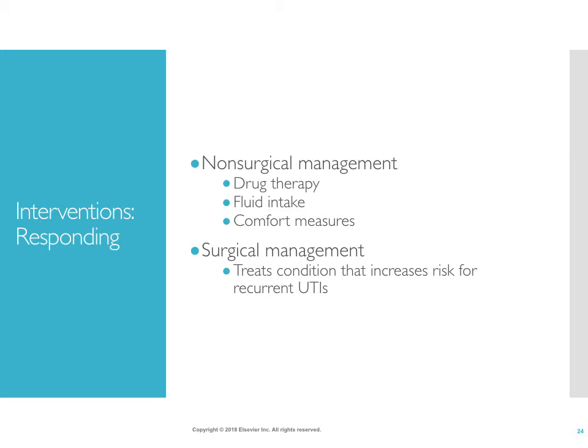Some of the comfort measures: we've talked about how there may be spasms of the bladder that cause people to feel like they have dysuria. The spasms may make them feel like they have to go right this second and they can't hold the urine. One of the ways that that can be relieved is through phenazopyridine, also known as Pyridium, or Azo.